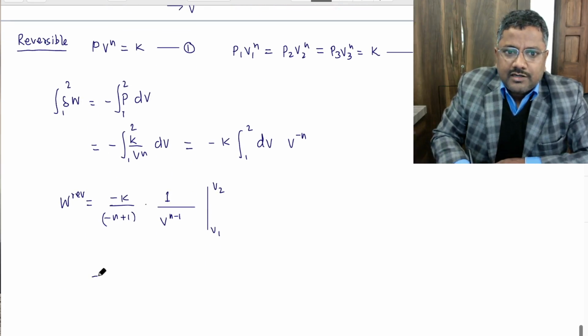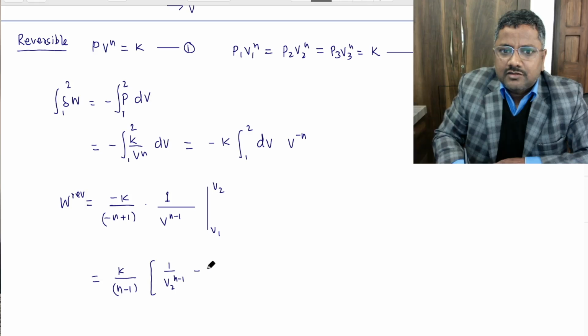So we can write here K by n minus 1 times 1 by V2 to the power n minus 1 minus 1 by V1 to the power n minus 1.